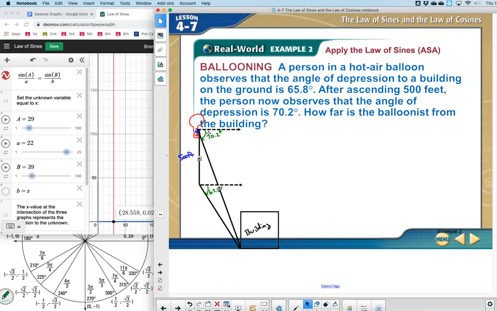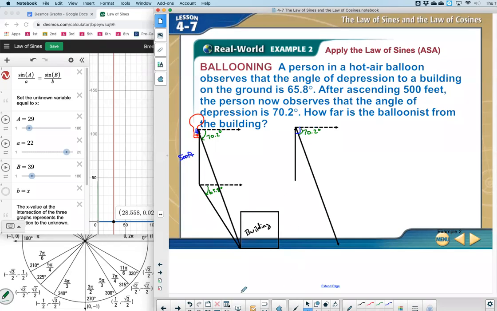Will it copy all three? Let's see. Yes. And rewrite them over here, because I want to remind you, if this is 70.2 degrees right there, this in itself is making a 90-degree angle. That's a 90-degree angle, and 70.2 of them are right here.